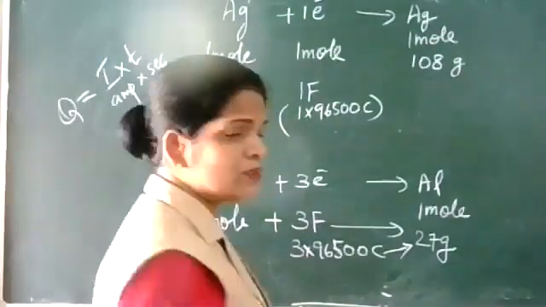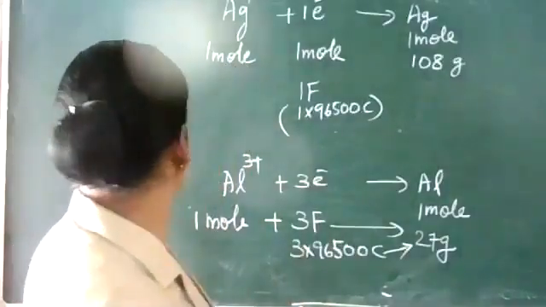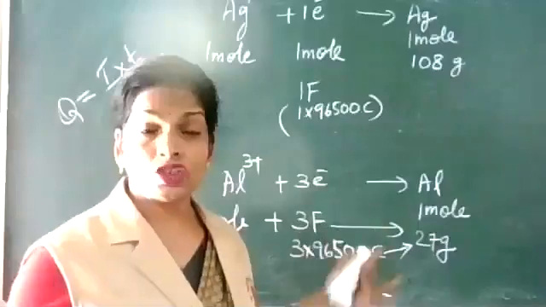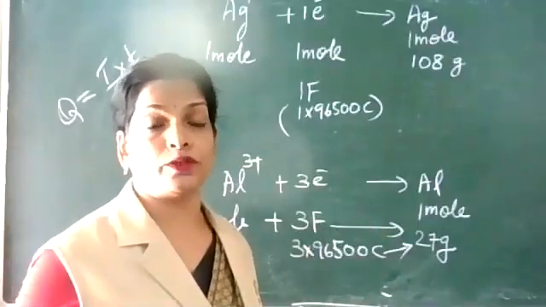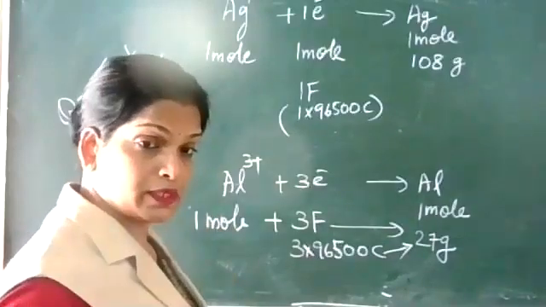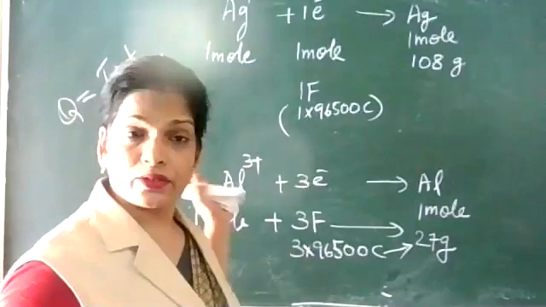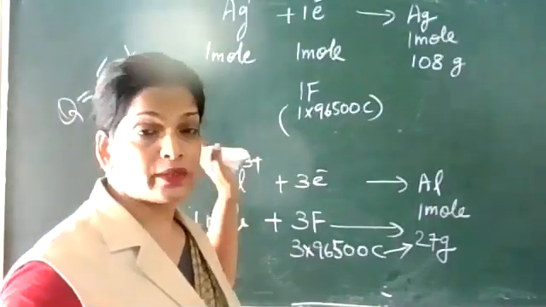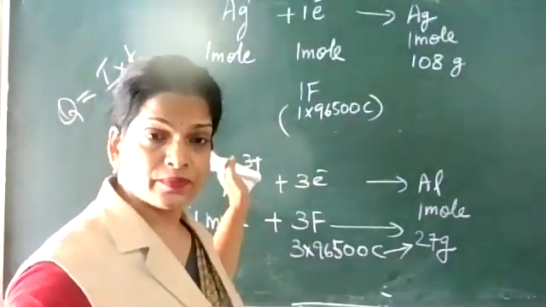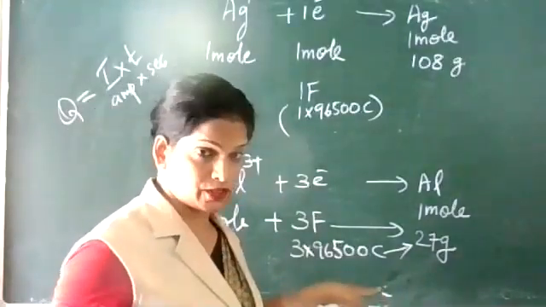The amount of electricity passed, either they'll give this many amperes passed for this many seconds. So what is the quantity of electricity? You calculate like this. You know that I is equal to Q by t, or Q is equal to I into t. So you calculate the amount of electricity.